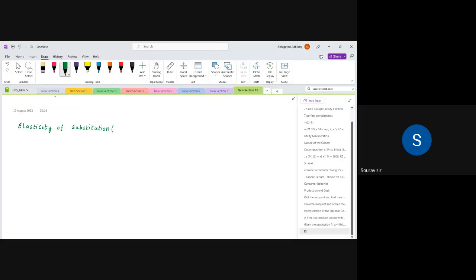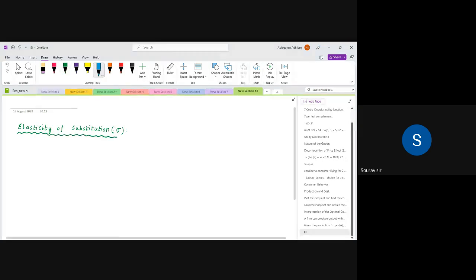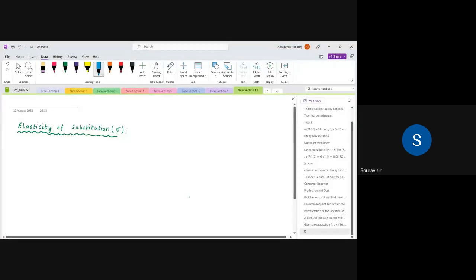This is usually denoted by sigma. And just to put a little bit of context to this, we find the elasticity of substitution of a production function.